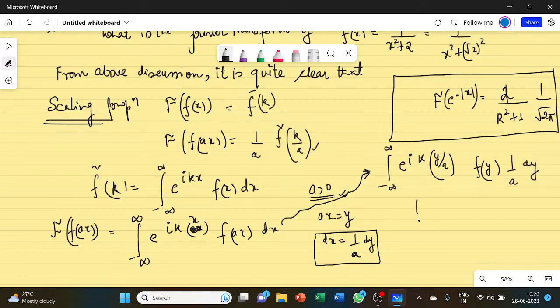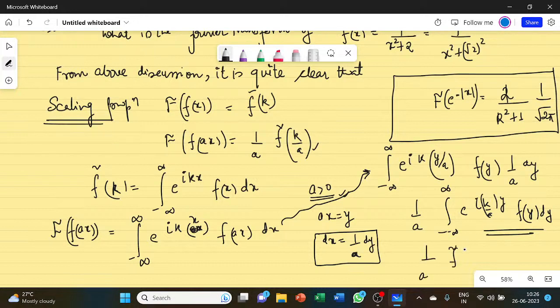So it is simply 1 upon a times the integral of e to the power iota k upon a times y, f of y dy. This particular integration, when I had done it over e to the power iota ky, gave f tilde k. Now it is f tilde of k upon a, with 1 upon a in front. So this is the scaling property.